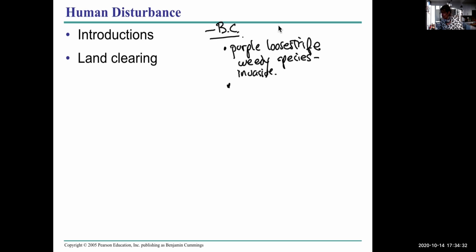It has no predators locally. Therefore, it outcompetes local species. It's also just very good at dispersal. So purple loosestrife is one.